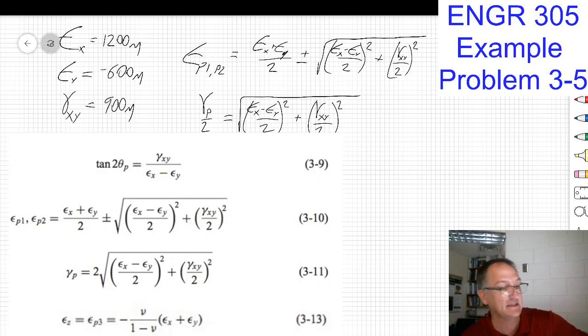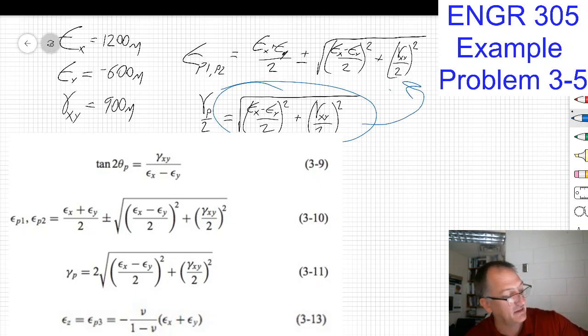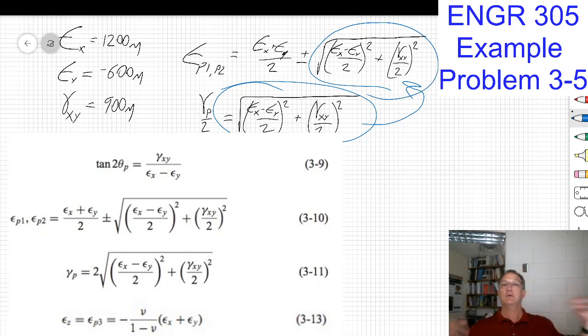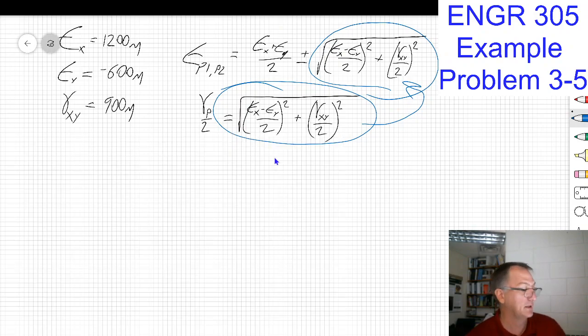Since this is exactly that, I don't want to calculate things a couple times. So even though I want to do the principal strains, I'm going to start with the shear strain, because then I calculate that once and just plug that in.